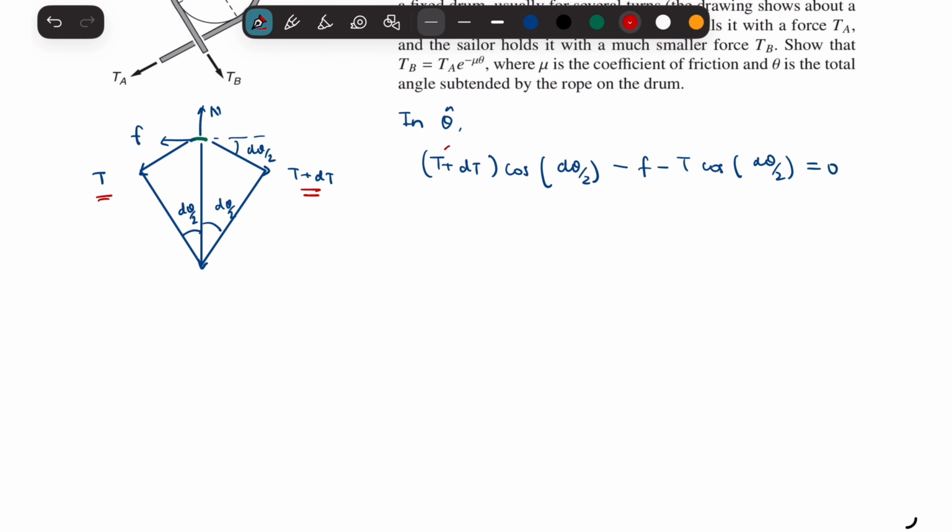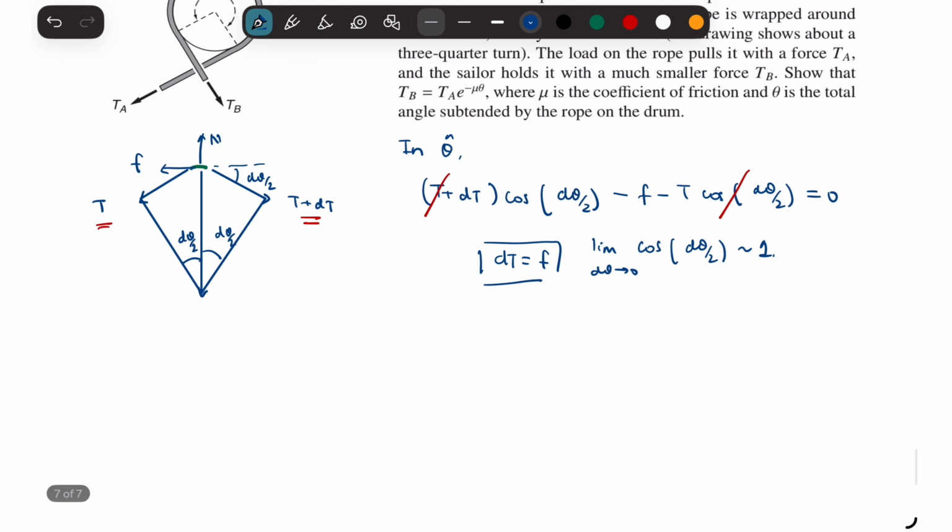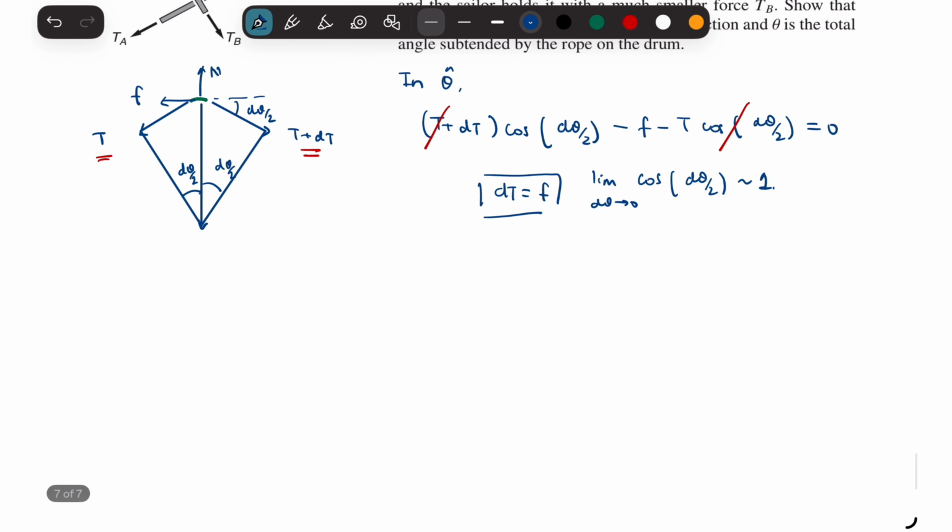Now this and this cancel out, so we have dT equal to f. Here we use the fact that cos d theta by 2 is roughly equal to 1 in the small angle limit. As d theta goes to 0, d theta is already very small, so it's approximately equal to 1. Great.